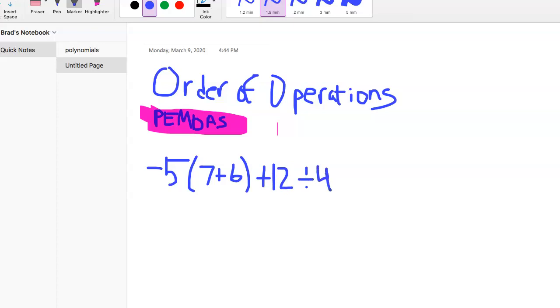All right, so let's remember our PEMDAS, right? So first thing is inside the parentheses, we have that 7 plus 6, right? So everything else will leave the same. There's our -5. 7 plus 6 is 13. Plus 12 divided by 4.